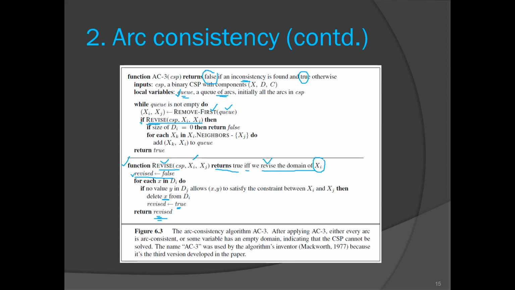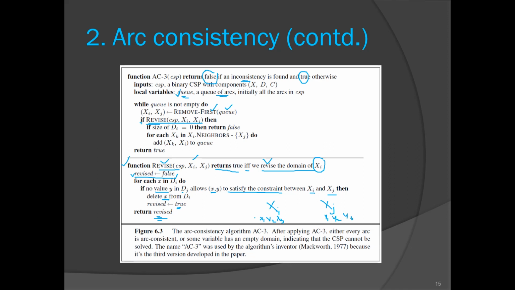Initially the revised variable is set to false, for each value x in Di. What is Di? This is the domain of the xi variable. Now no value y in Dj allows the pair (x, y) to satisfy the constraint between xi and xj. So here we have xi and xj. Consider we have three values: x1, x2, x3 and y1, y2, y3.